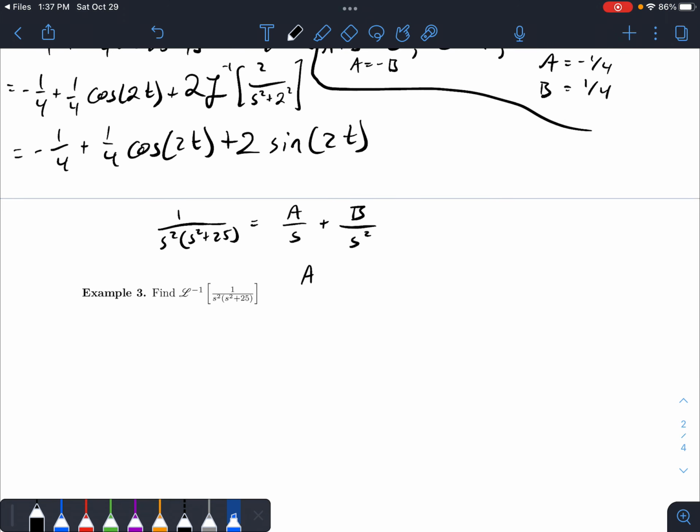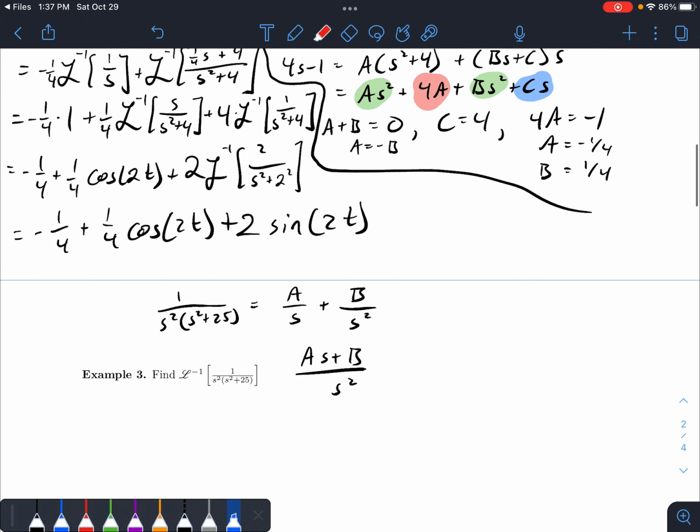The way I've seen before and usually like to do is write it like this. I think you could also just write it as as plus b over s squared, just to deal with the s squared part. I think those are equivalent, and then plus something over s squared plus 25, and then we'll do cs plus d for that.